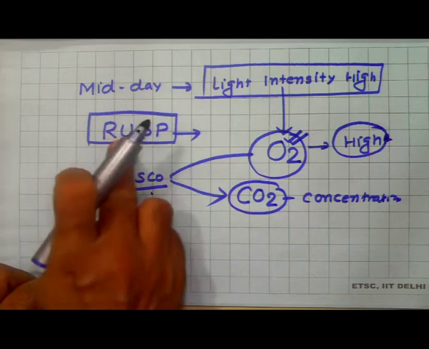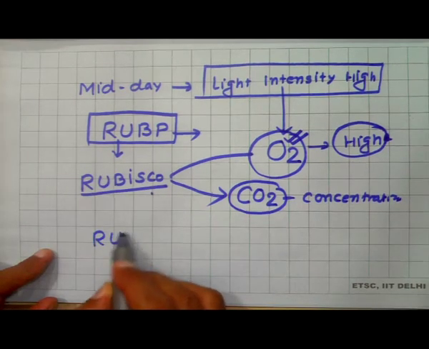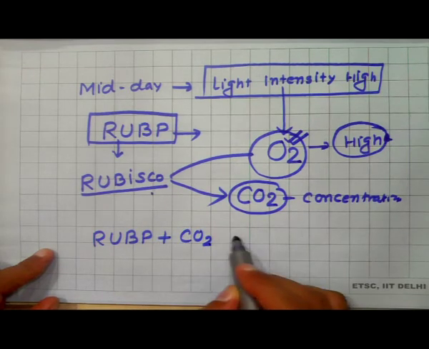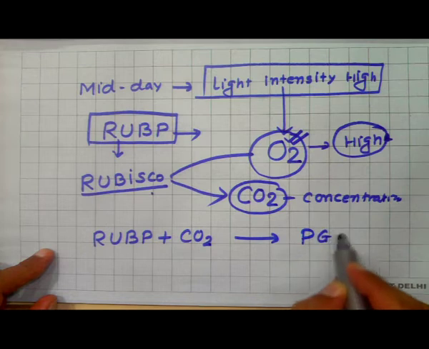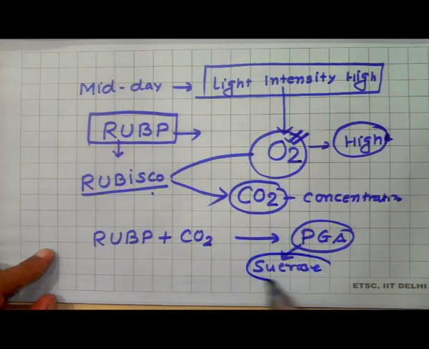When RUBP combined with carbon dioxide, it forms phosphoglyceric acid, which is finally converted into sucrose molecule, which is the main product of photosynthesis.